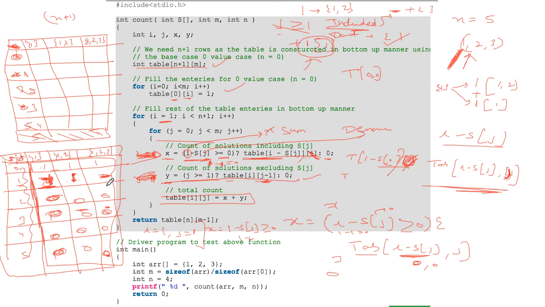With 3 included, it is 1, 2, 3. With 3 not included, it is 1, 2. Yes, that is the right significance. Clear? Now let's say we are trying to create 1 with 1, 2, 3. X signifies that thing. Let's see what happens.